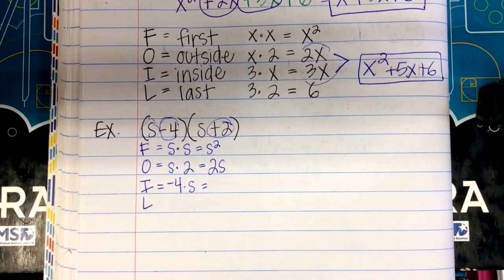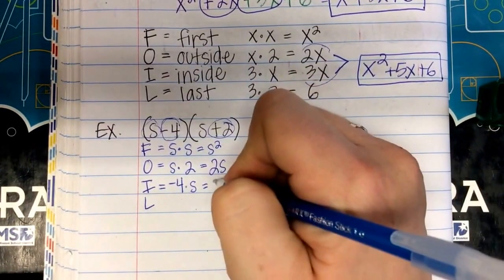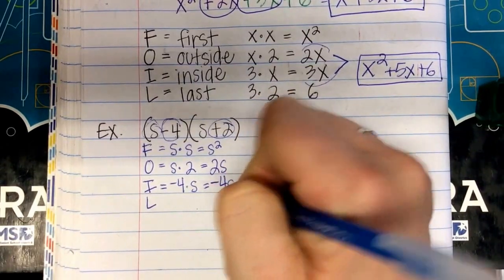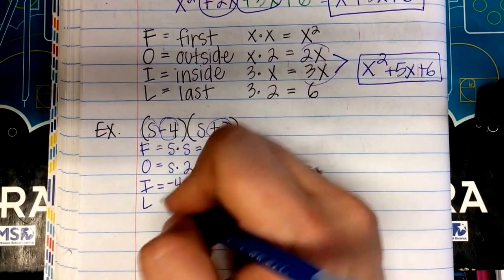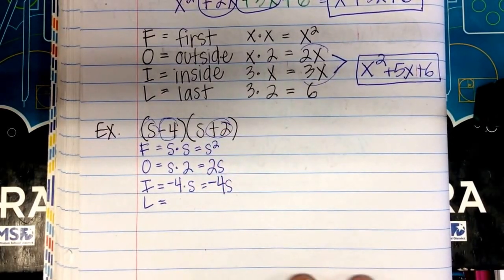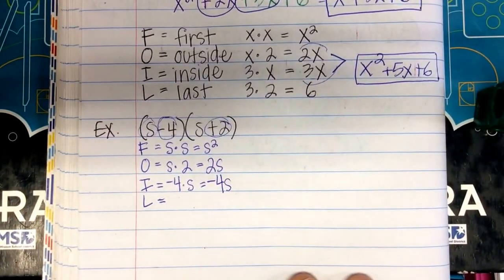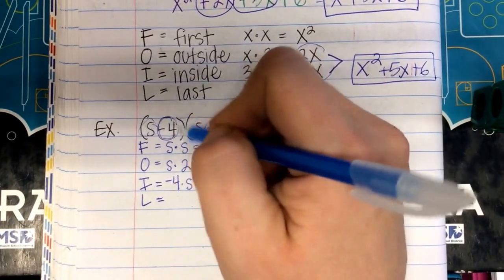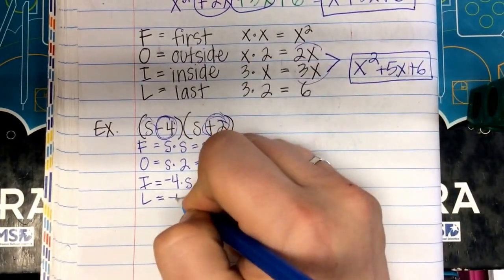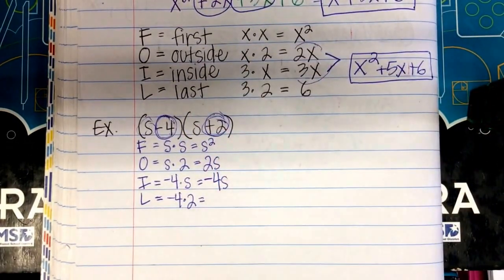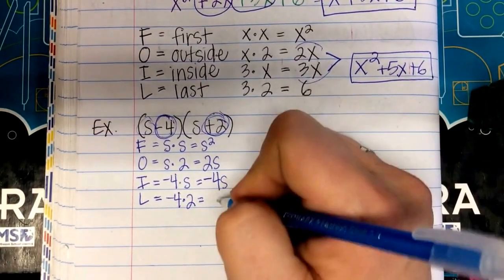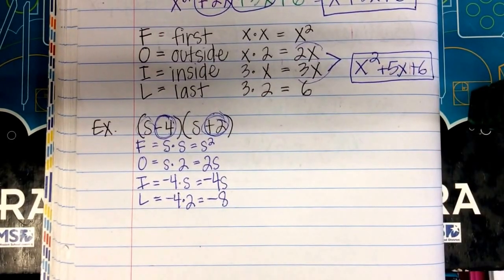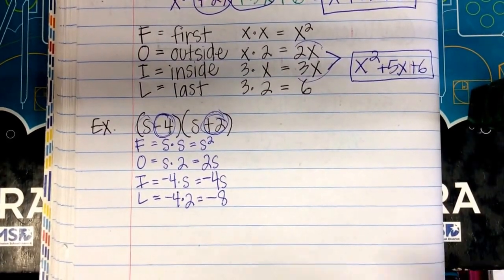Negative 4 times s is negative 4s. And what are my last? L stands for last. What are my last terms, Sam? Negative 4 times 2. Negative 4 times 2 is? Negative 8.